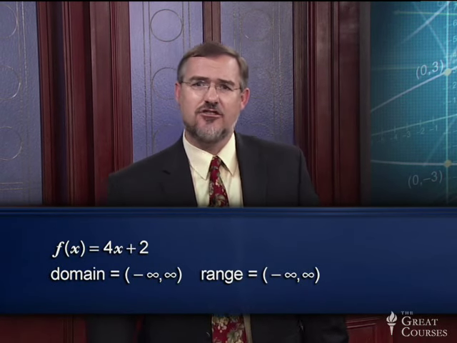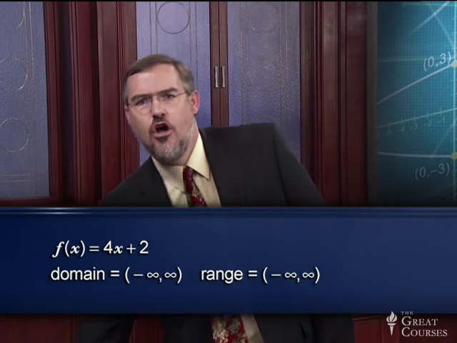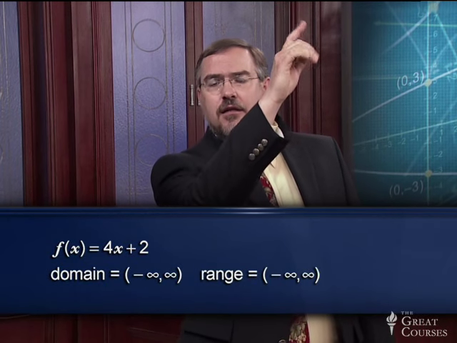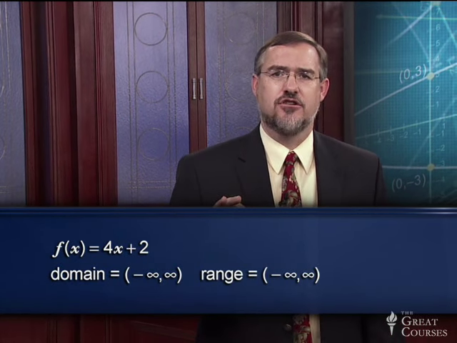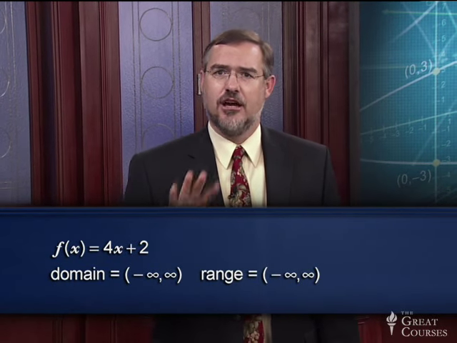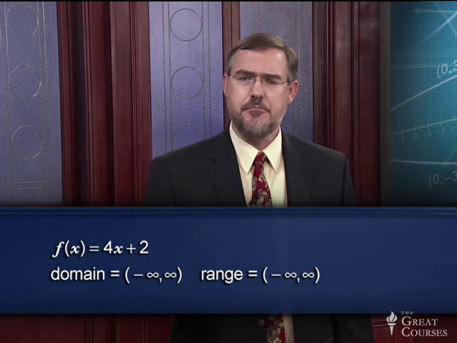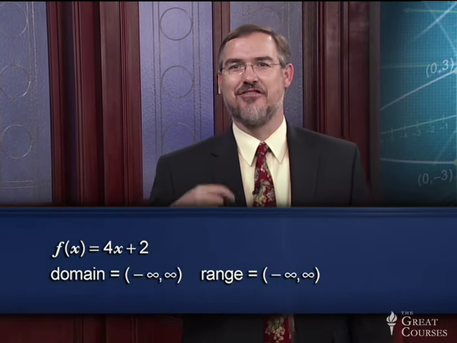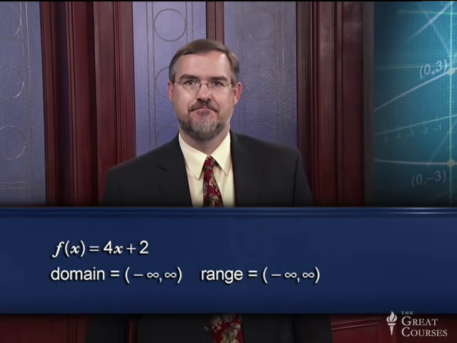The graph is actually going to go from minus infinity in the y direction all the way up to plus infinity in the y direction as well. And that means that the graph tells me what the range of this function is going to be. It's going to be the interval, again, from minus infinity to infinity. So here's an example where the domain and the range are actually the same set of numbers.